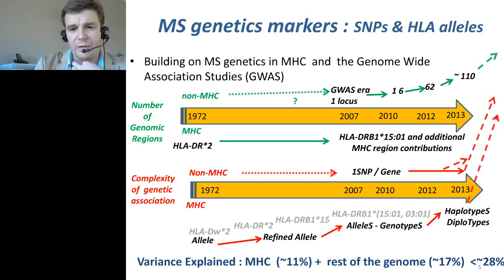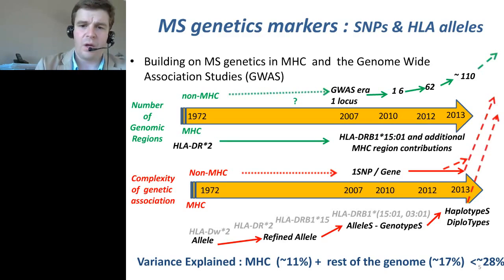I like to present the genetics of MS by looking at the one result we've had for more than 30 years now. It's really the finding that there are some genetic polymorphisms in the MHC region that are associated with MS susceptibility. And for 30 years, that was the only genetic marker known to be associated with MS risk. Many others were tested.